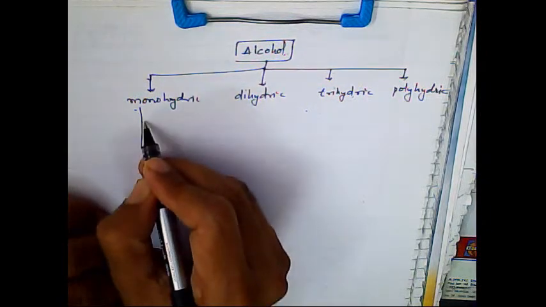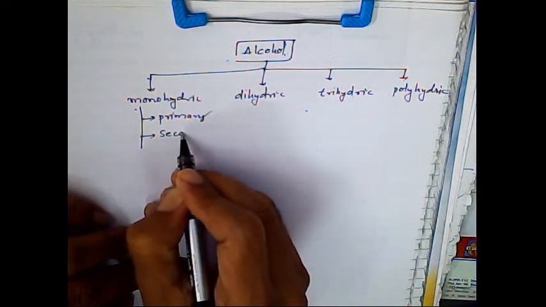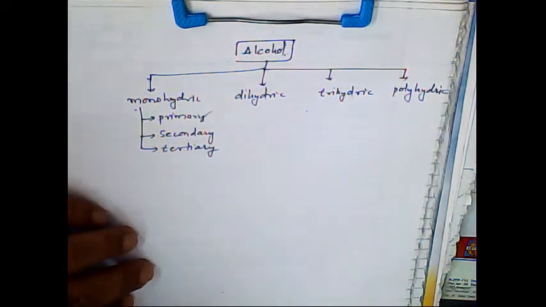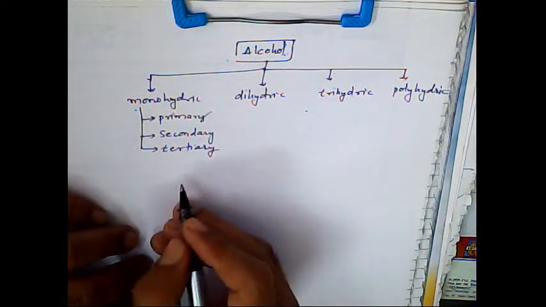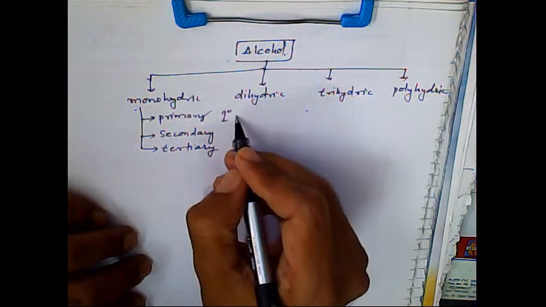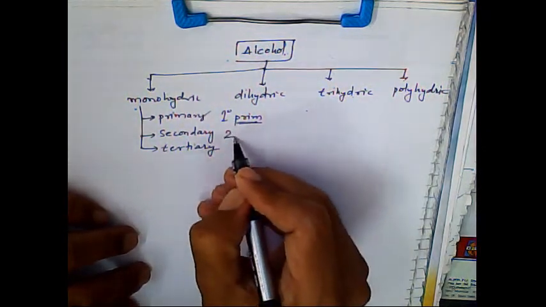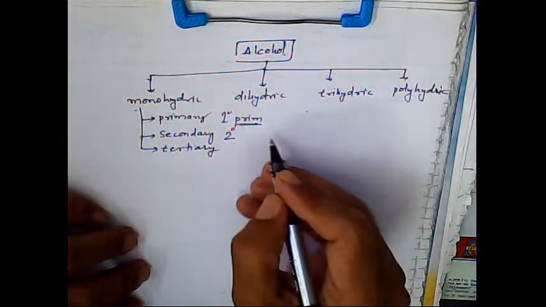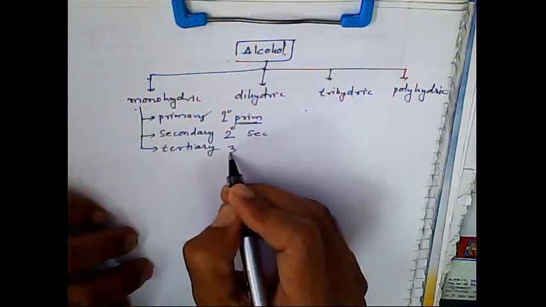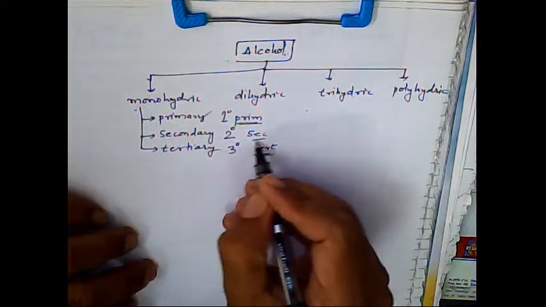Now, mono is further divided into primary, secondary, and tertiary. Primary alcohols are denoted by 1 degree, or shown by prim. Secondary alcohols are shown by 2 degree, or written as sec for secondary. Tertiary alcohols are shown by 3 degree, or tert. So in this way they are written.